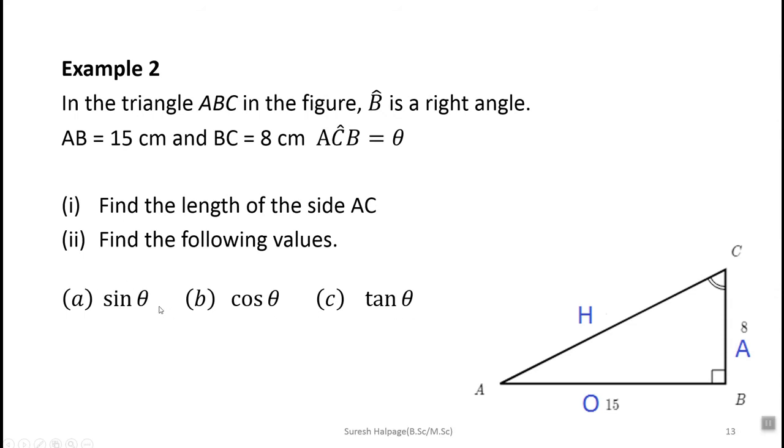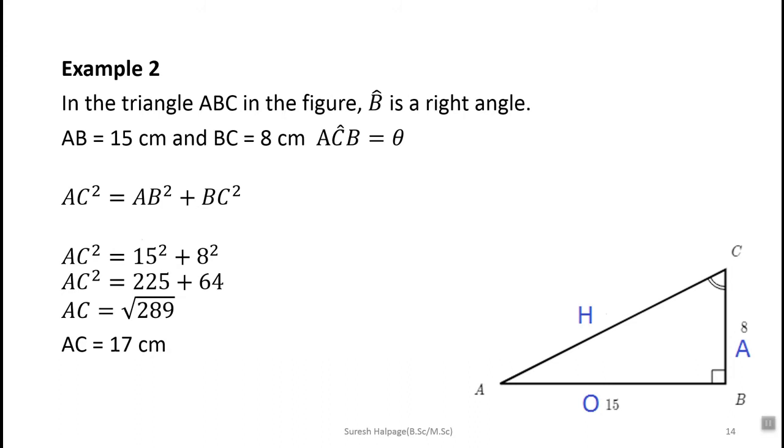First focus on sin theta. We just have to remember SOHCAHTOA. Sine is opposite over hypotenuse. So we need to find out the hypotenuse. Hypotenuse square is equal to the sum of the squares of the other two sides. So AC square is going to be equal to AB squared plus BC squared.